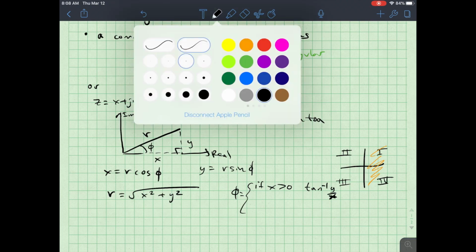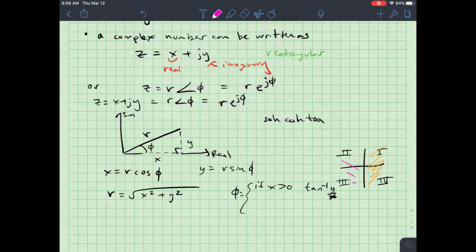On the other hand, if we're in quadrants 2 or 3, here's the thing. If I take the inverse tangent, it's really defined between plus and minus 90 degrees. So one way to do this is to say I've got plus x and plus y, plus x and minus y, minus x and plus y, and minus x and minus y.